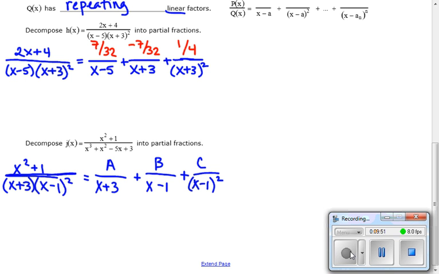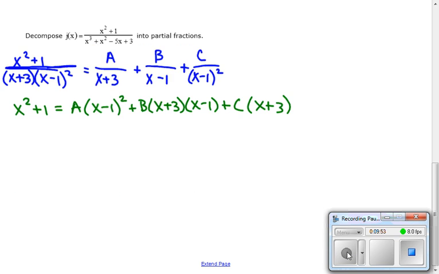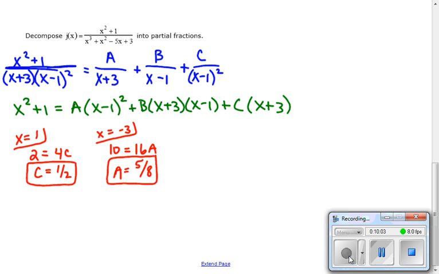After you clear out the fractions, you should get to this line. The two easy substitutions should give you C is 1/2 and A is 5/8. So once again, how should we find B? Substitute anything you want.